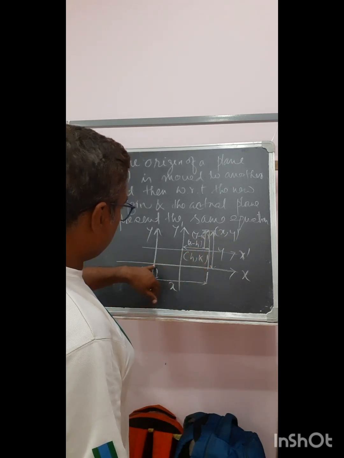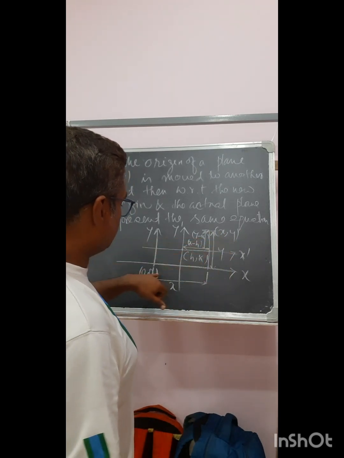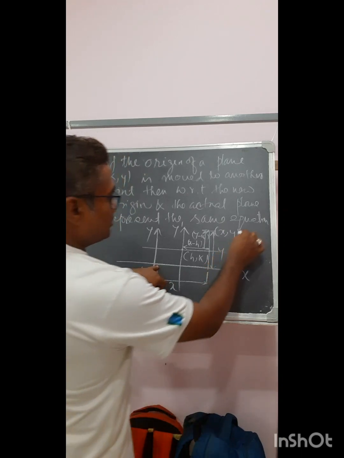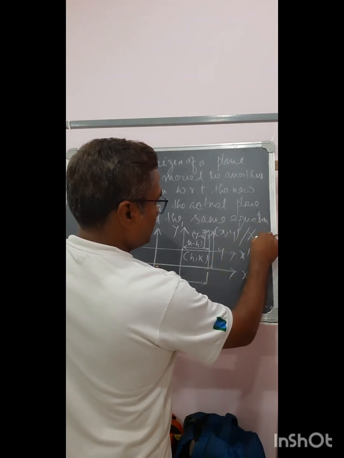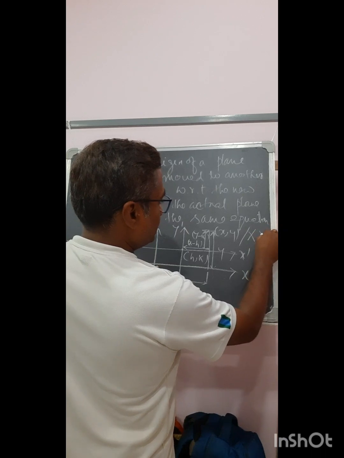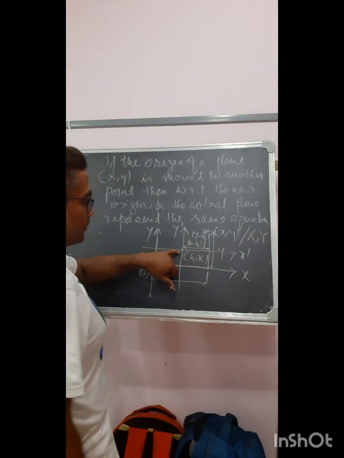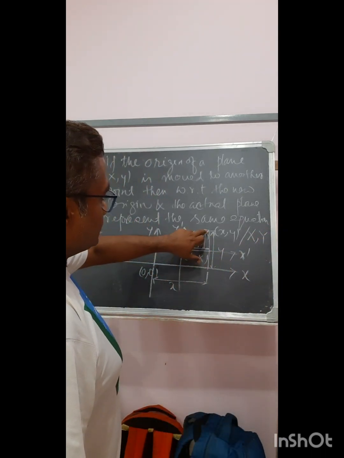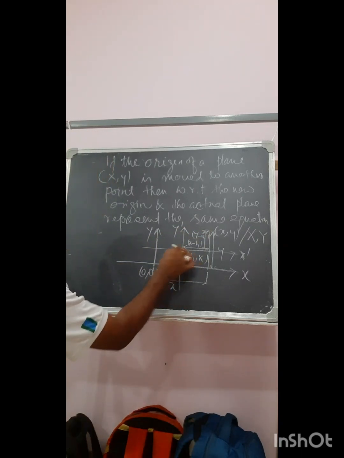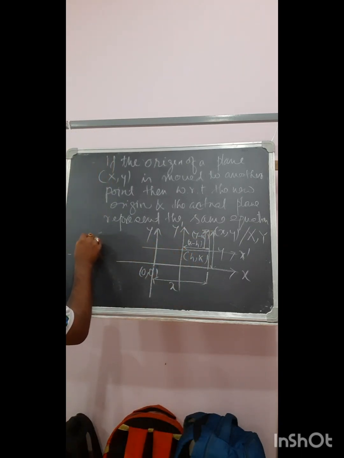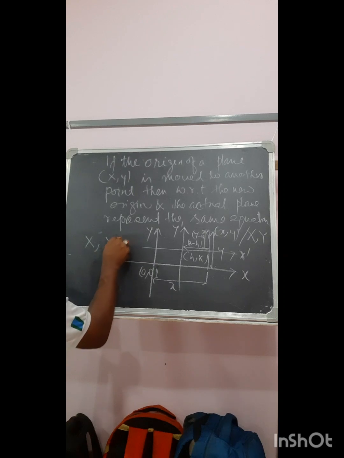So if this is x and y with respect to the original origin, and I assume this is capital X and capital Y with respect to the shifted origin, then this point can be converted.